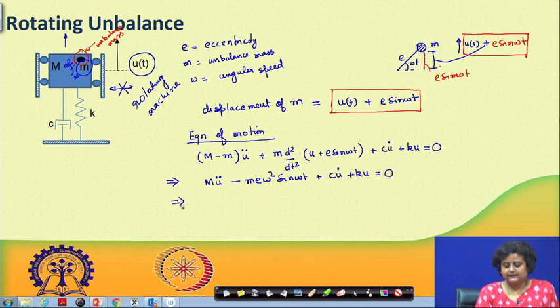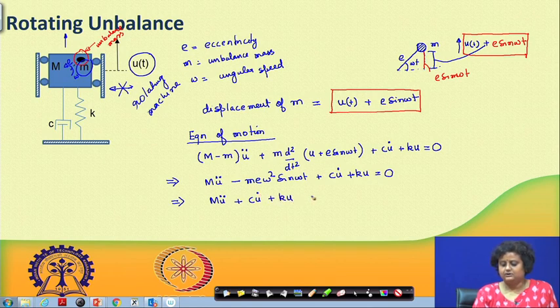So, this can further be written as M u double dot plus C u dot plus K u is nothing but m e omega square sin omega t.